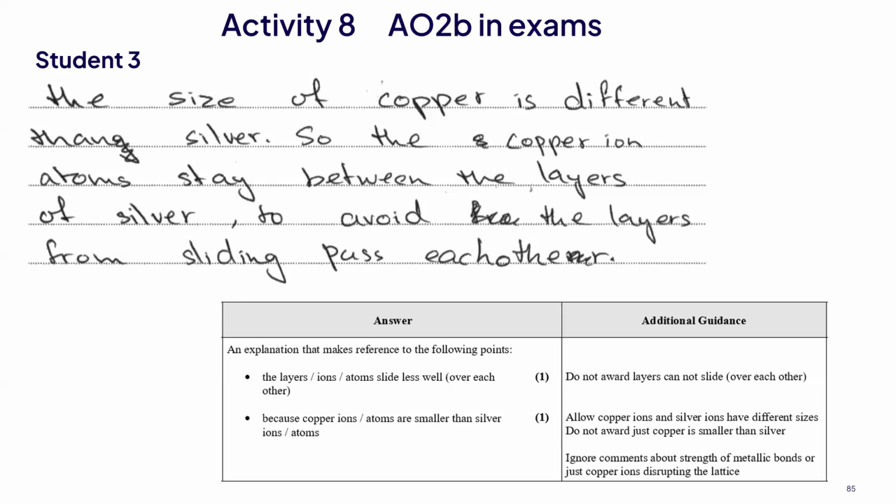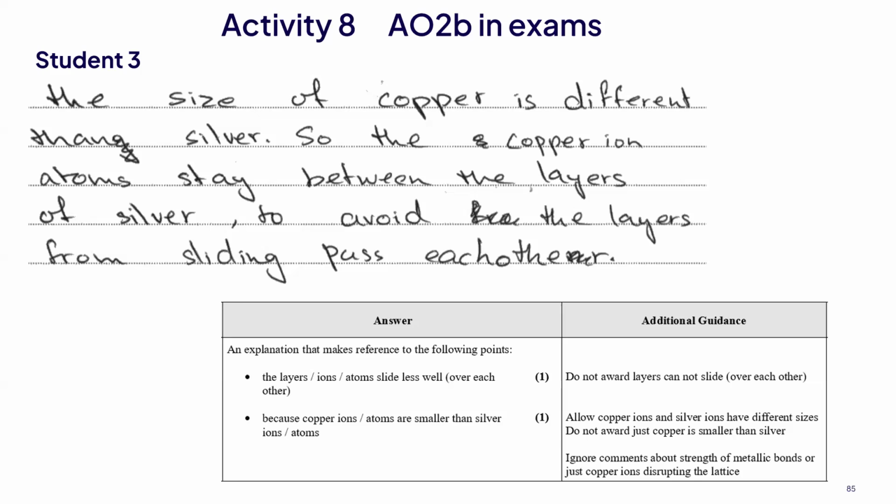Now, if we look at the additional guidance, it says quite clearly, do not award just copper is smaller than silver, or there's different sizes. But when you look at the next sentence, it says, so the copper ion atoms stay between the layers.